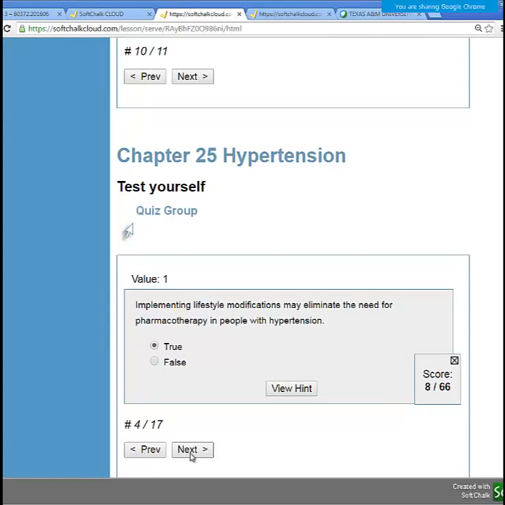What we say then is they have hypertension well controlled on lifestyle modifications. We don't say they were cured of the hypertension because they still have the ability to have it. So we don't take the diagnosis off. We just say now it's controlled with diet and exercise, with lifestyle modifications.